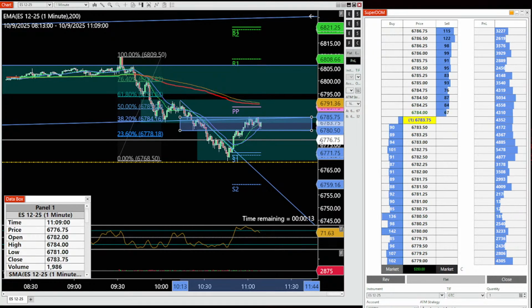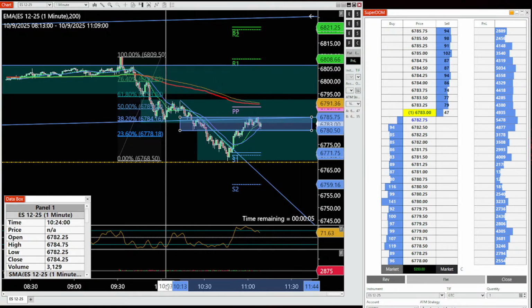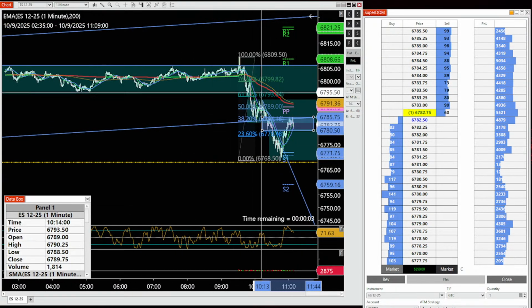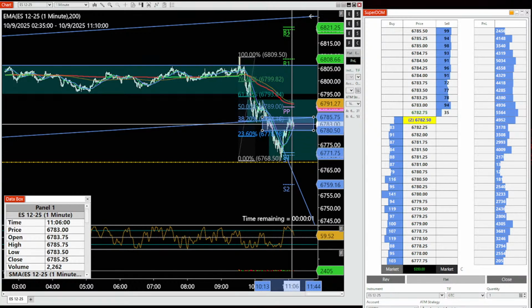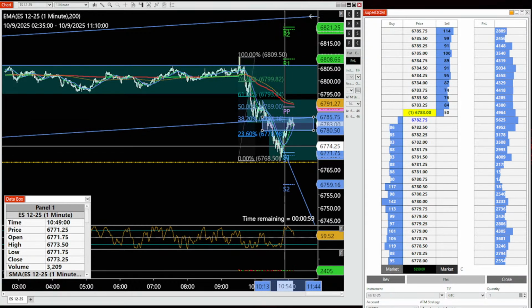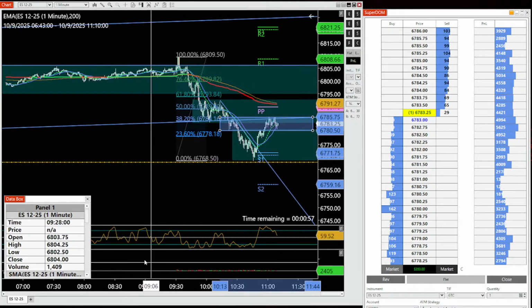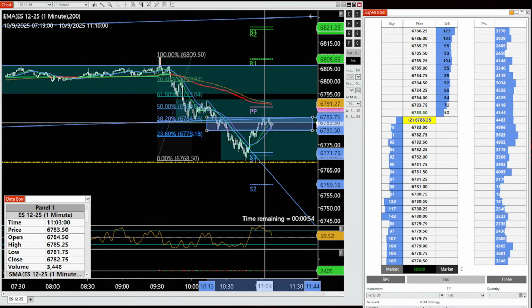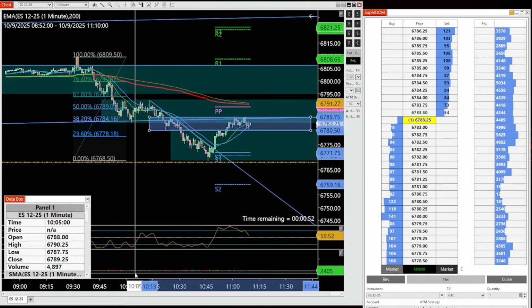How long will we stay in this range? Don't know. We got V action with a V bottom. Consolidated here. Oh, now we're consolidating a little higher.